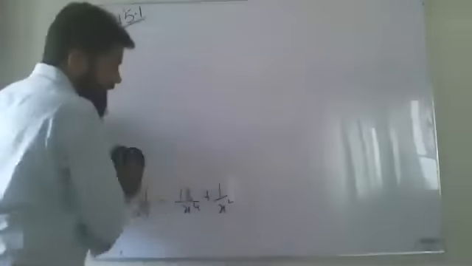So the main thing which I have told you today is that whenever you are differentiating, first of all, try to simplify your things and then start your working. Okay.